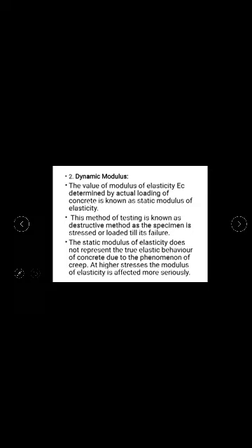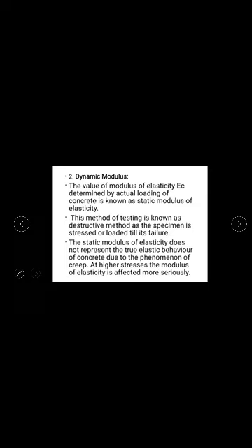From the known values of length of specimen, density of concrete and resonant frequency, the value of this dynamic modulus can be determined. So the dynamic elastic modulus depends upon the values of length of specimen, density of concrete, and resonant frequency. If these three values are known, then only you can find out the dynamic modulus.